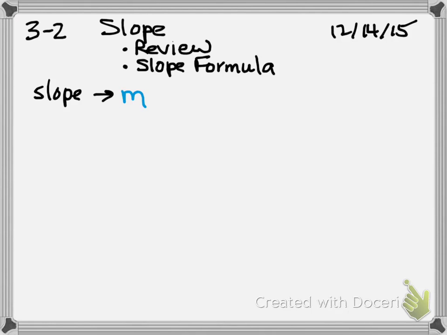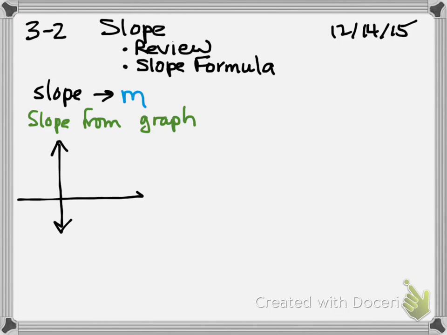So let's talk briefly, how do we determine slope from a graph? So we'll put a little graph in here. I'm going to put some x and y, every other number.